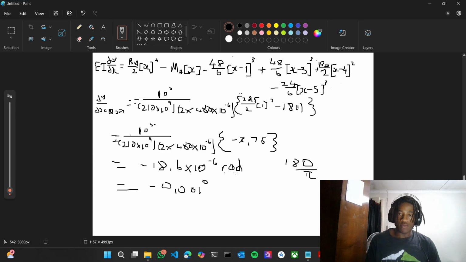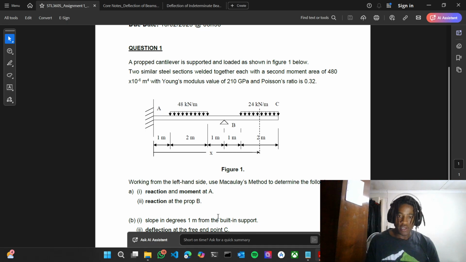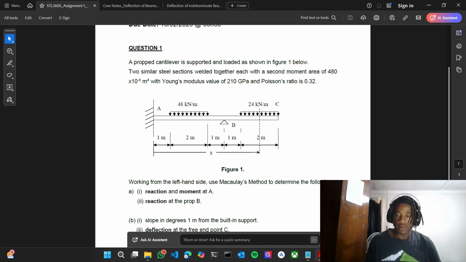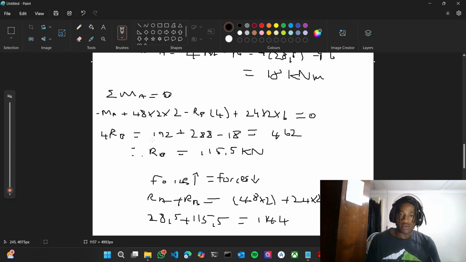So that is the slope at 1 meter away from A. And then the last question is the deflection at the free end point C. So that is the entirety of this length here, 1, 3, 4, 5, 7 meters. Okay, so do the same thing we just did now.